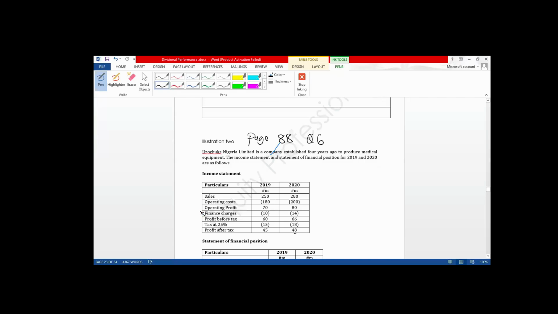Your finance charges, that is the interest. In 2020, 40 million. Now, net of tax. Remove the tax. Tax rate is 25%. Compute 25% and remove for 14 million.